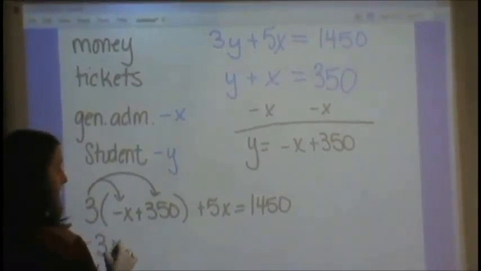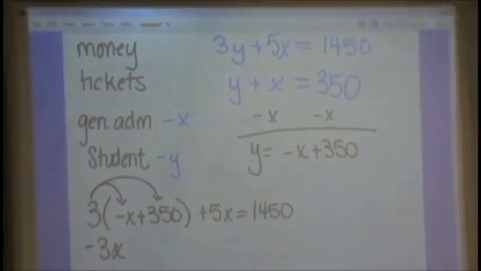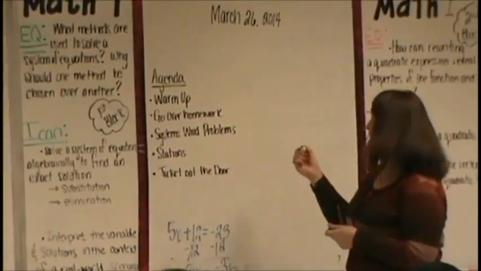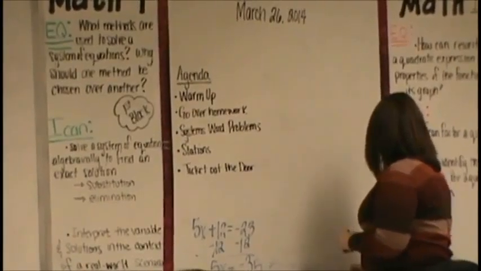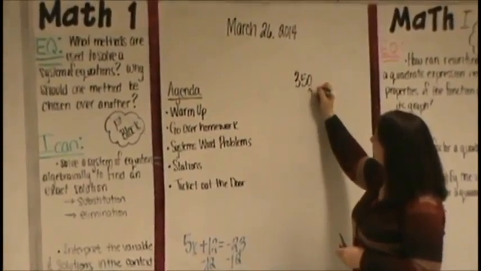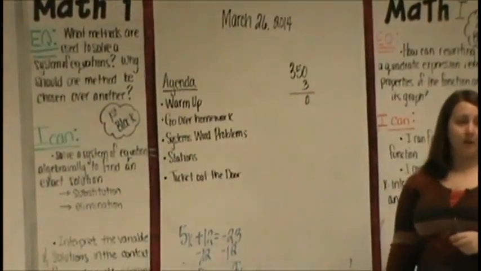Negative 3x. What do I do if I really don't know what 350 times 3 is? Go over to the side, and guys, we got to get used to this. You got your 350 times 3. That's 0, right?